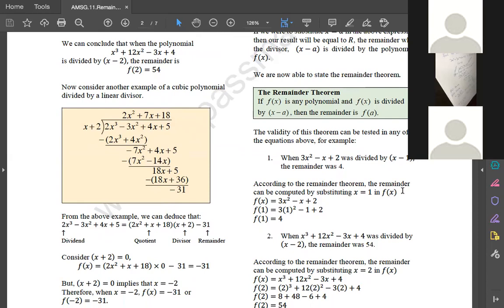Find the remainder, and let's see. When you are done, let me know.